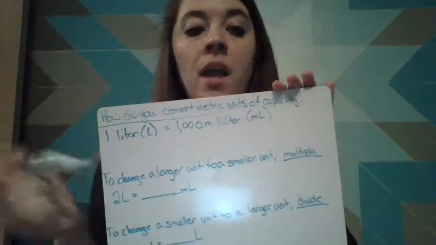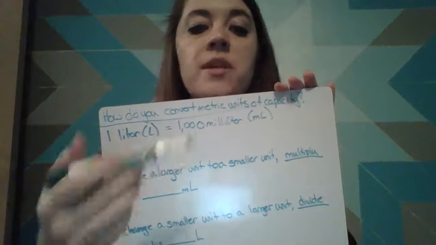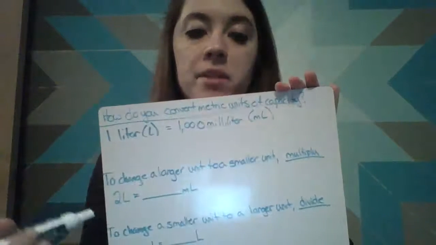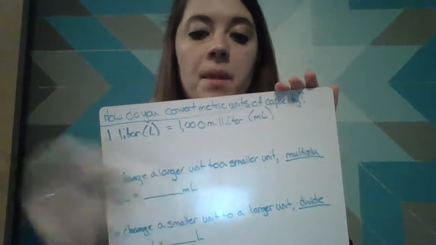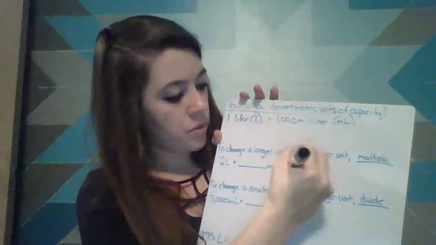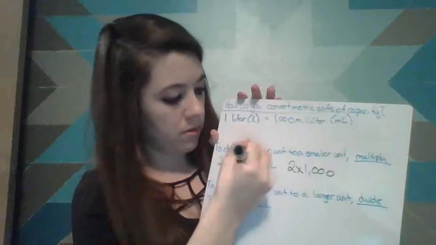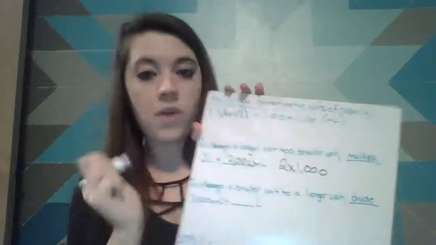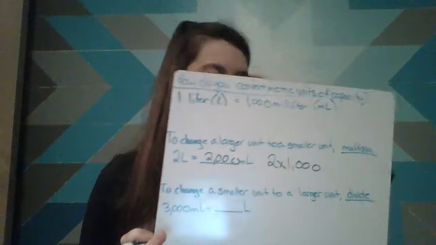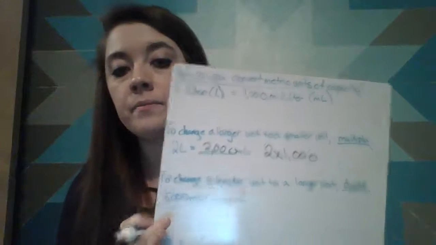Okay, so to change from a larger unit to a smaller unit, we are still going to multiply. So we have 2 liters equals how many milliliters? Well, we're multiplying. So 2 times 1,000 equals 2,000. So we have 2,000 milliliters.